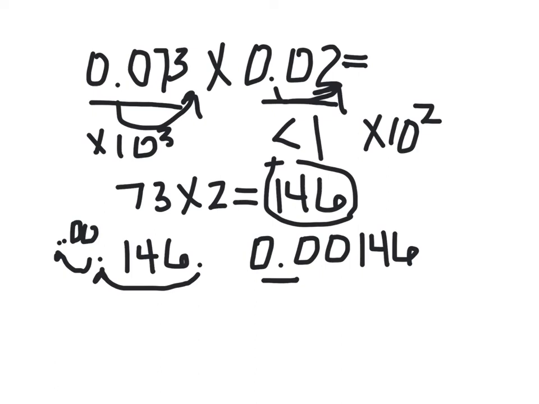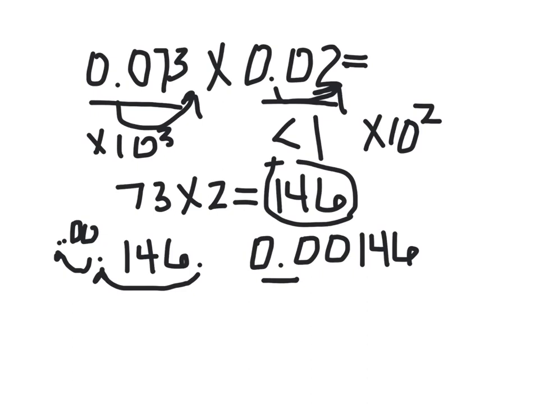So let's go ahead and summarize what we did here with this multiplication strategy. First, we multiply both factors by a power of 10 to make them whole numbers. We keep track of both powers of 10, or the total number of places the decimal point shifted in both factors. Then we multiply the whole numbers.